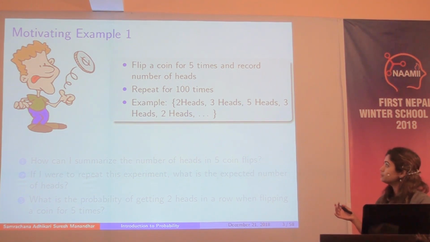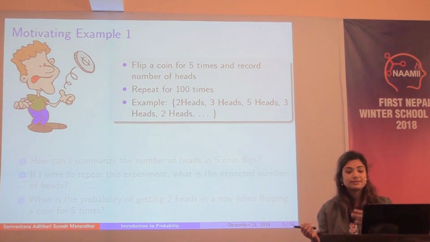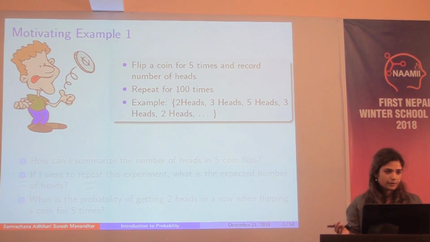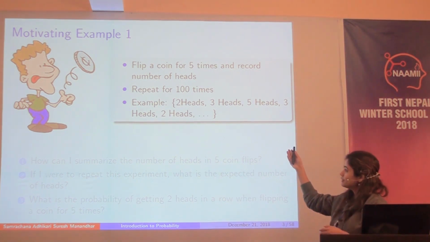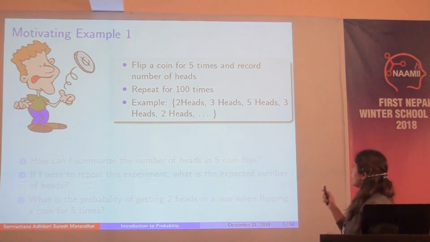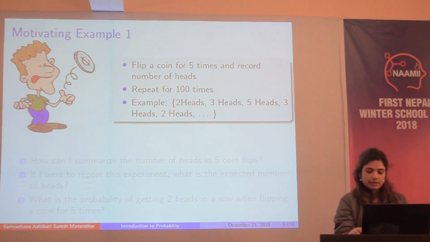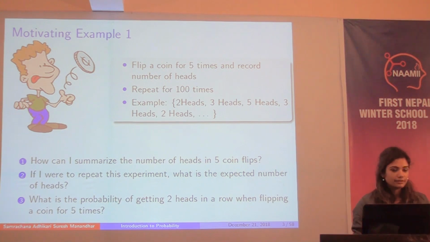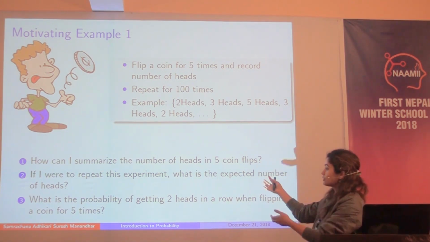So if you were to flip a coin 5 times and record the number of heads, and you repeat this experiment 100 times, you might get 2 heads, or 3 heads, or all 5 heads in a row, and so on for all these 100 experiments. Then we want to ask how we can summarize the number of heads in 5 coin flips through this experiment. We want a number to summarize this whole thing.